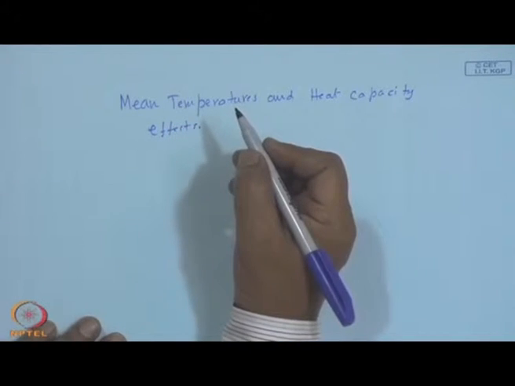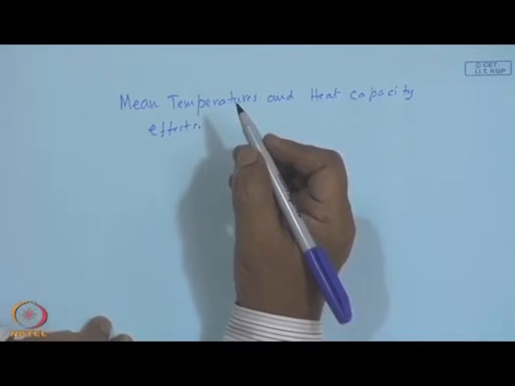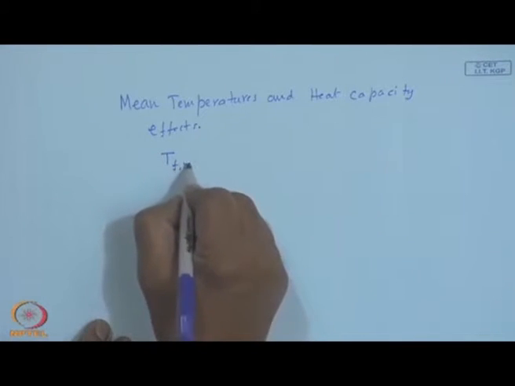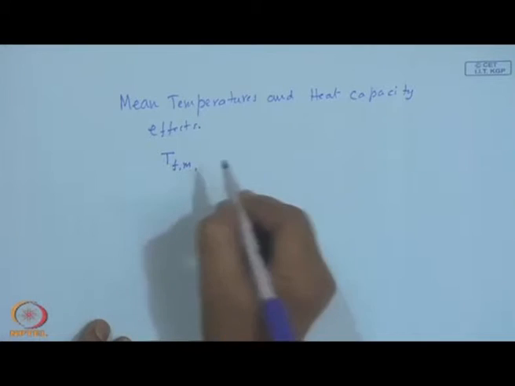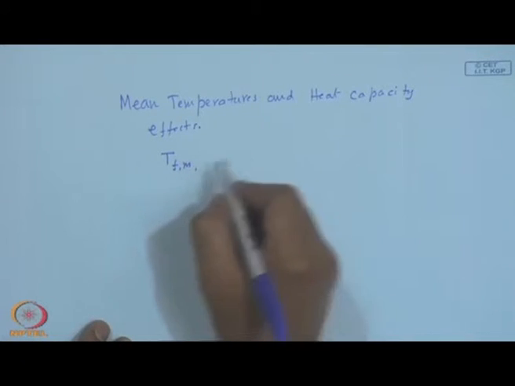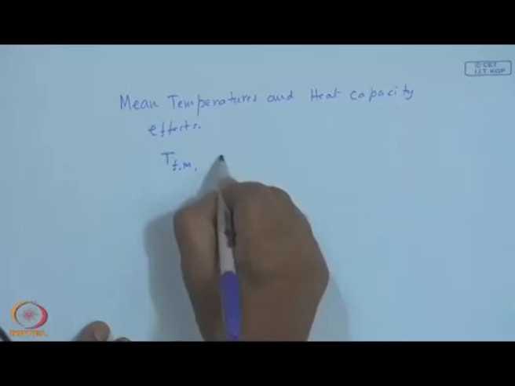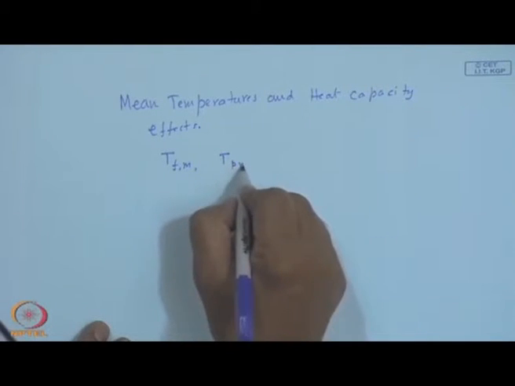If the fluid temperature is varying between T f i to T f o, we may consider the collector to be operating at some mean fluid temperature of T f m. Similarly, corresponding to T f, T p also will not be constant, it will be operating at T p m.